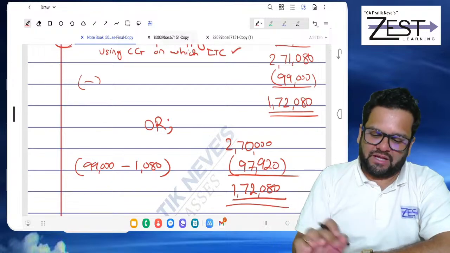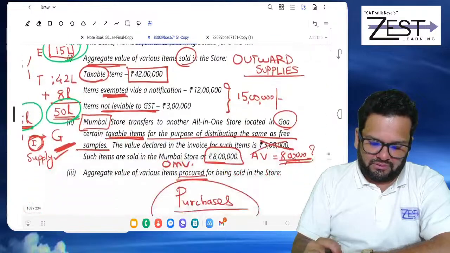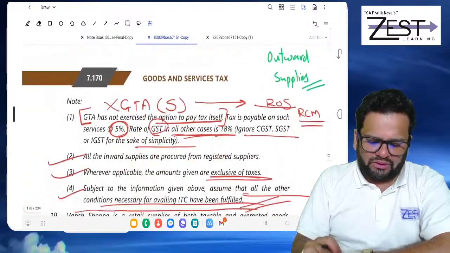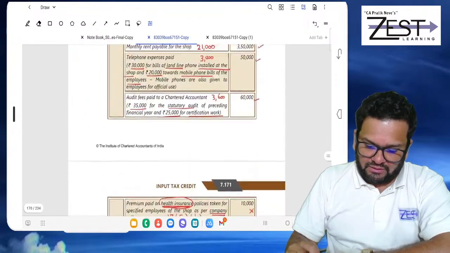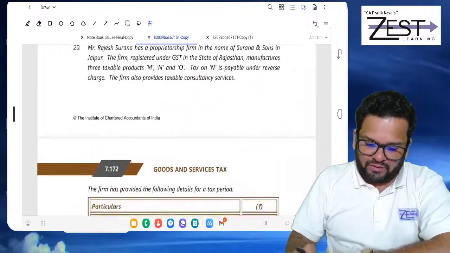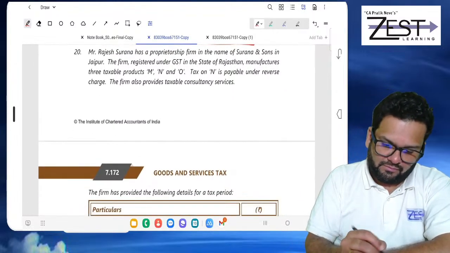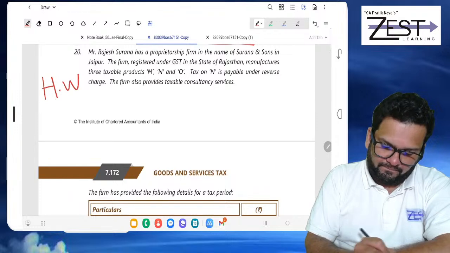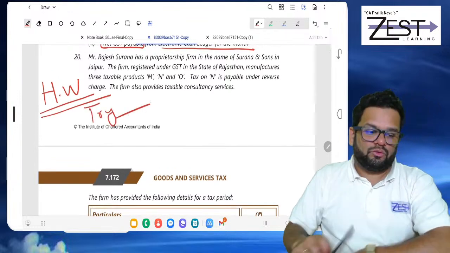Just for your self solving, can I give you question number 20? Only one question remaining from this topic. Did you get it, all of you?